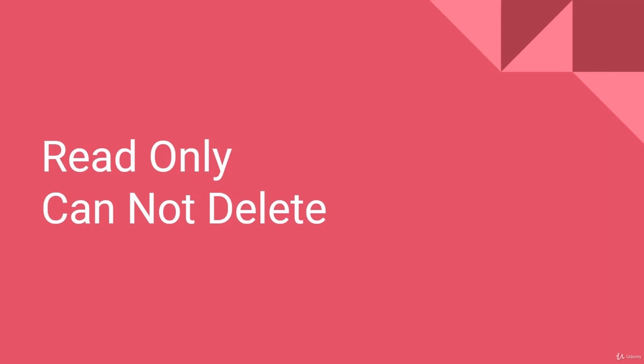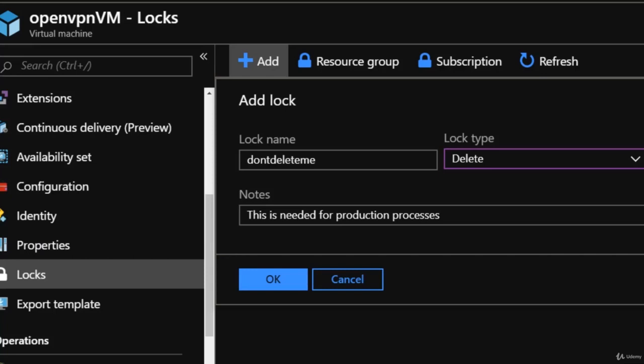And so within the interface, within the portal or within PowerShell, you can go to a resource. In this case, I've got a virtual machine called OpenVPN VM, and I can create a lock that says do not delete. And I can basically say this is a production resource. I do not want anyone to delete it. And the effect that has is the next time someone tries to delete this resource, they're going to get an error.